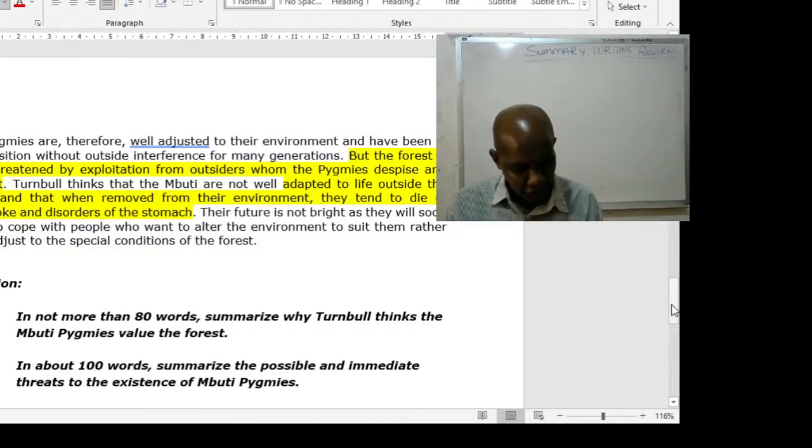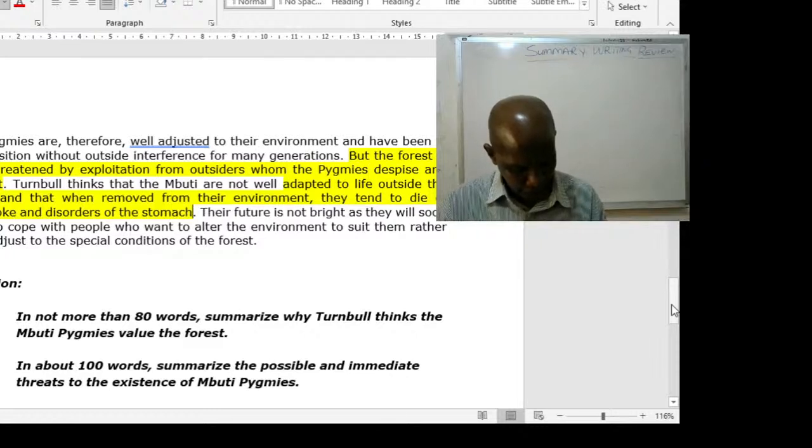But now you destroy the forest. Where will they get the food? So the moment they start eating food from other sources, they get stomach disorders, and that might also lead to their death, according to the writer Turnbull, and that is one of the other threats.